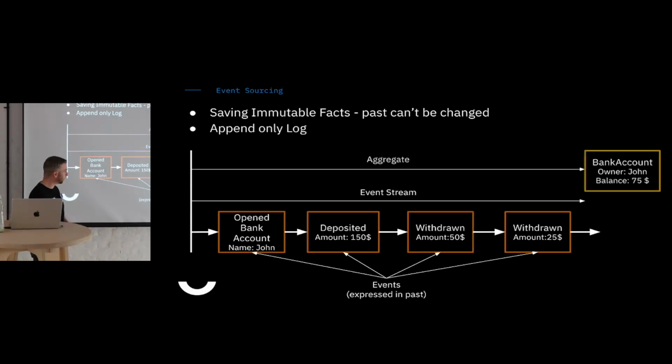But there is actually more, because when we stack all those events together, we can of course reconstruct the current state. From each fact that happened in the past, we can say, okay, the current state is that the bank account of John now has a balance of 75 because of the events he did in the past.